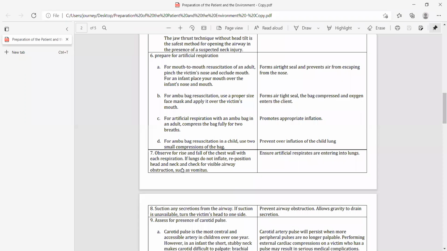Okay, whether his breathing pattern is improved or not. How you will see? You have to observe his chest wall with his respiration.